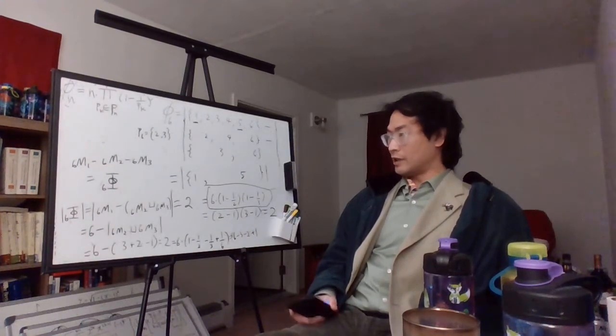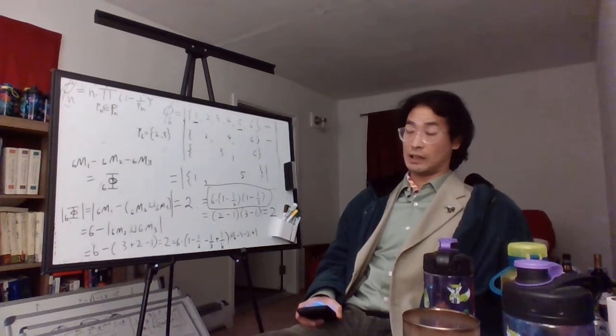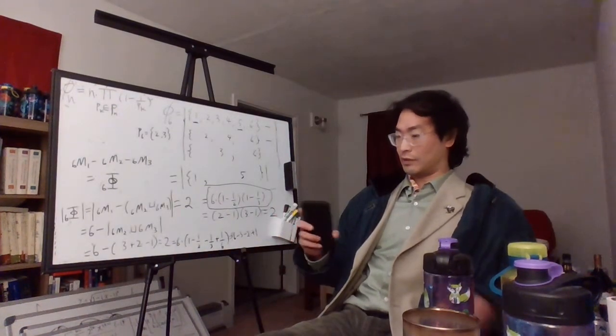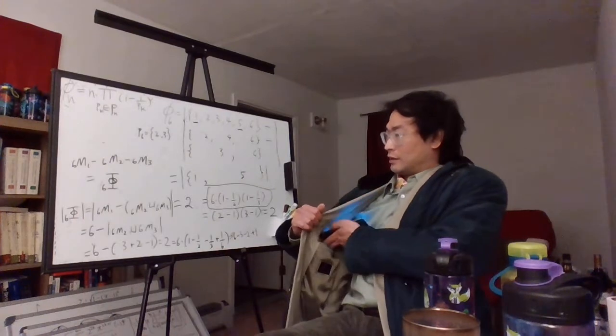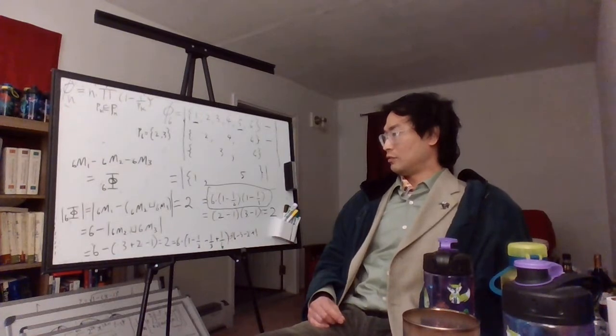It seems there's not enough study about the asymptotic behavior of this phi function. I guess there are some, but I tried to download it and it was taking forever. It was not a very big file, I don't know what's going on. So we'll just do it.